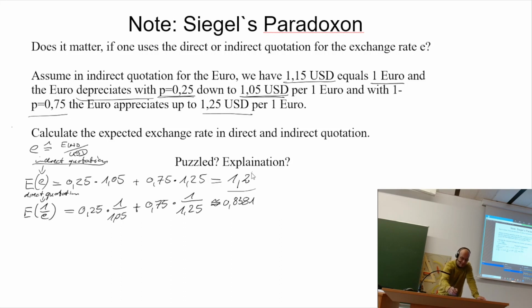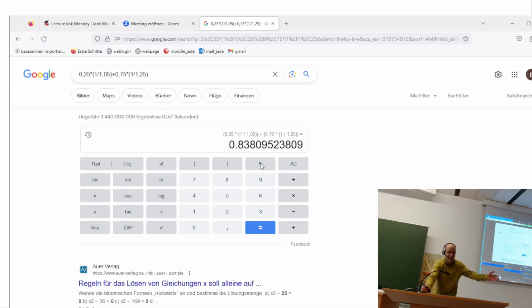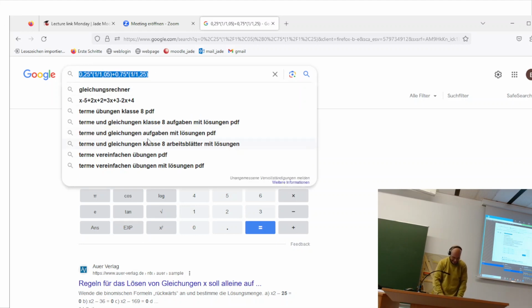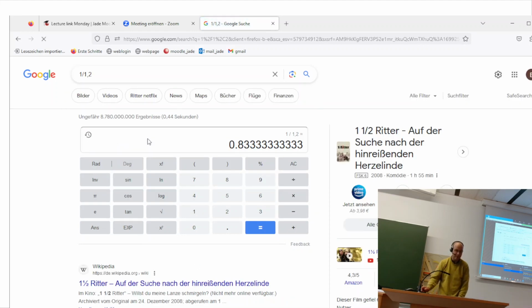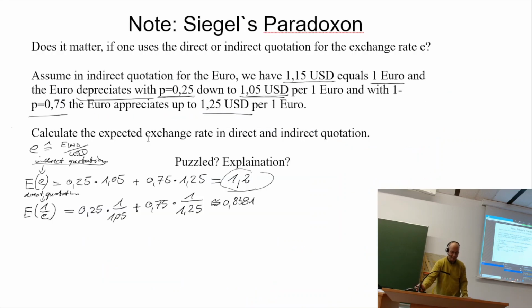But well, of course, already we see the inverse of 1.2 cannot be a number with many, many digits. And then to verify this, we write 1 over 1.2. And this is 0.8 period 3.